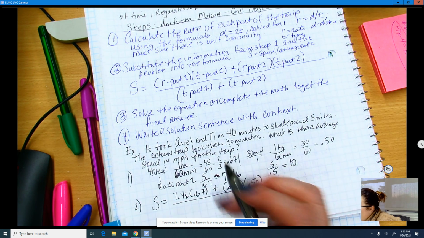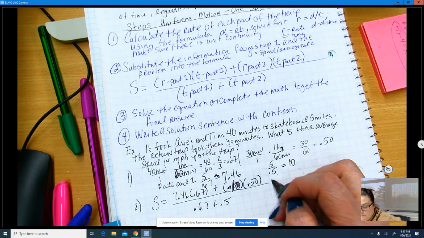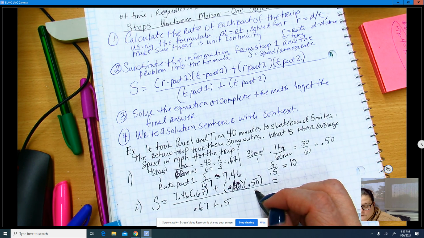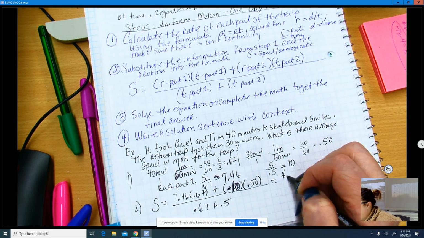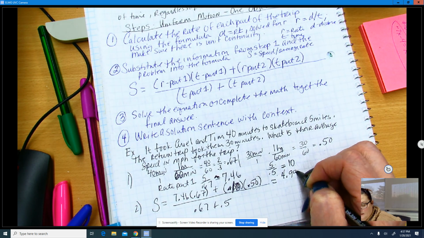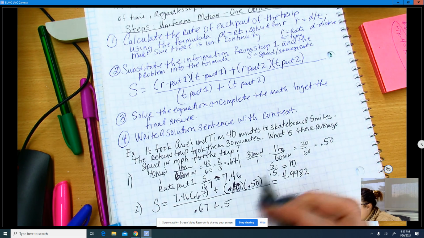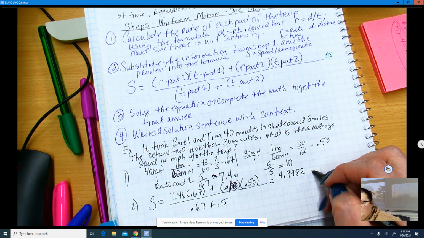So then the time is 0.67 plus 0.5. So I'm going to wind up with 4 point, and this is again going to be a very big decimal. So I'm going to go out a couple places on it. Here I doubled it and went out to the 10,000ths place.